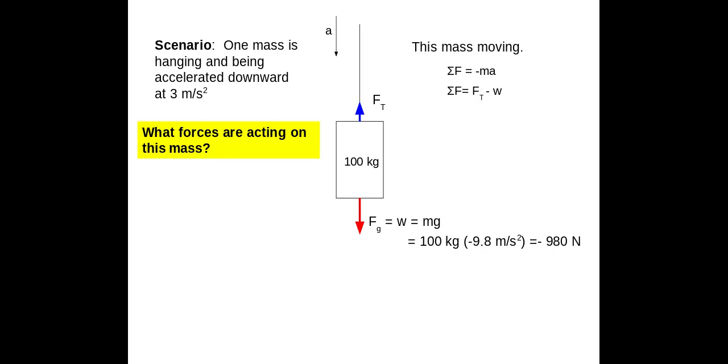We can do our statement, sum of the forces. In this case, it's equal to negative ma because this acceleration is down. When we solve for tension, we get ma minus the weight. So it comes out to 680 newtons.